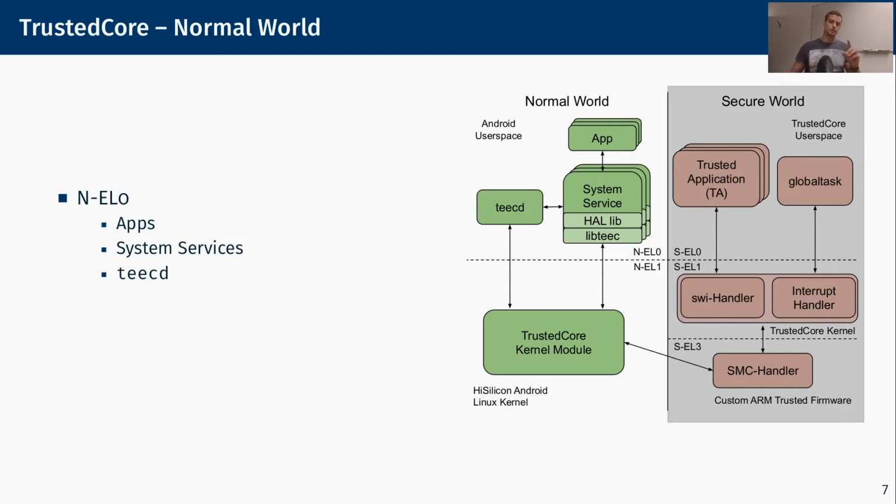And system services that make use of the TEE have to contact this TEE-CD daemon here to authenticate to the kernel module. And this kernel module eventually basically marshals the request that is going to send over to the TEE by using the shared memory infrastructure that it's set up with the secure world.